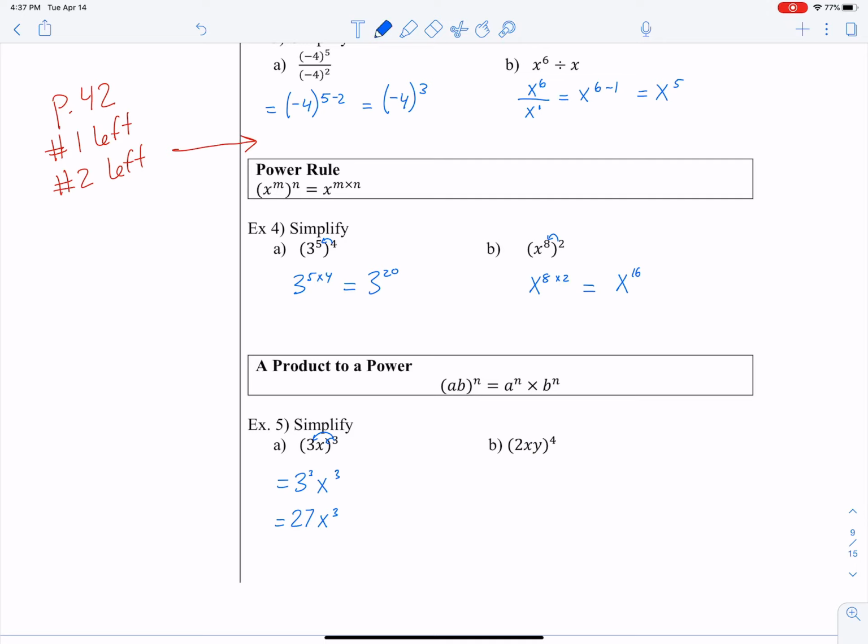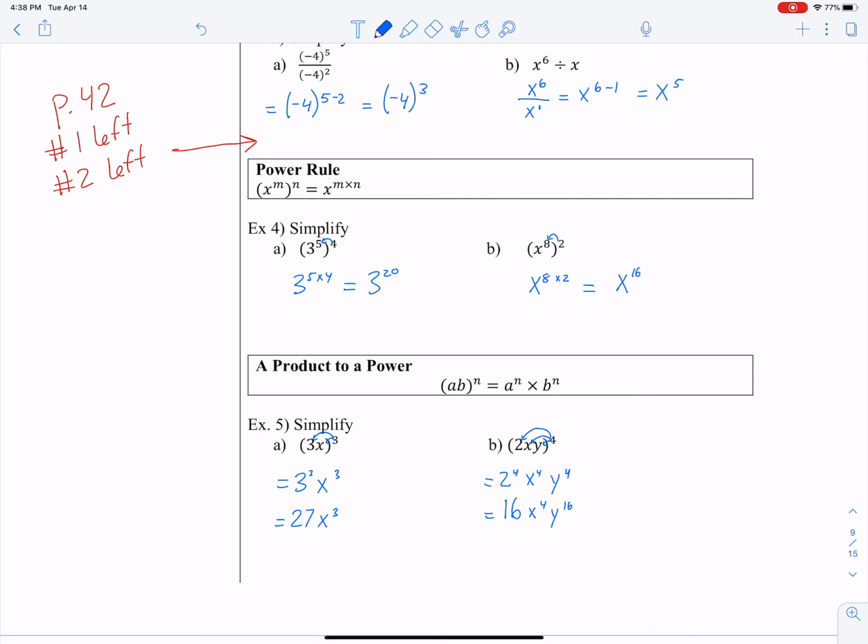So our exponent 4 here is going to go to the 2. It's going to go to the x. It's going to go to the y. So we get 2 to the 4, x to the 4, y to the 4. And then we can put 2 to the 4 in the calculator, get 16, x to the 4, y to the 4.